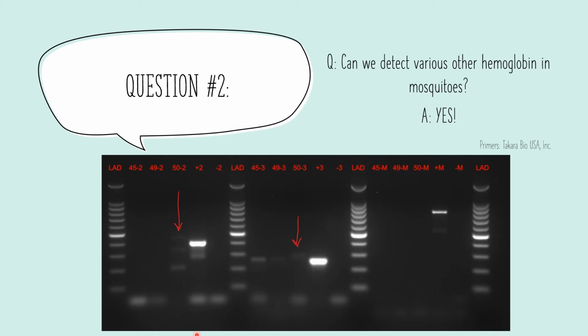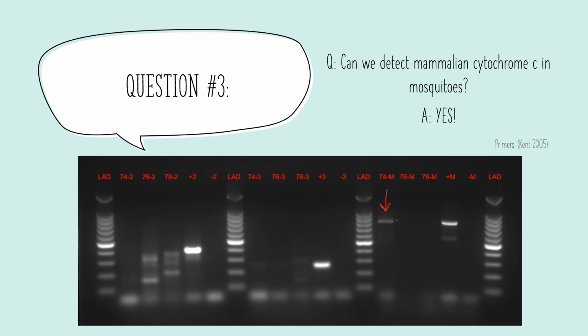The reason for that is probably because hemoglobin is a highly conserved protein. And so while it may not be human hemoglobin, it's probably a hemoglobin of something else that the mosquito fed from.